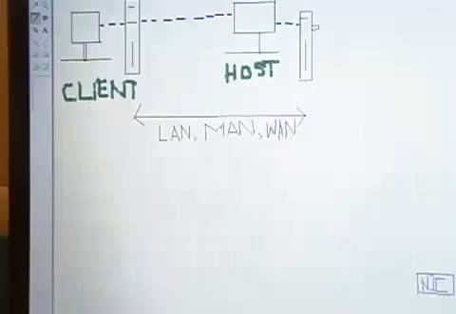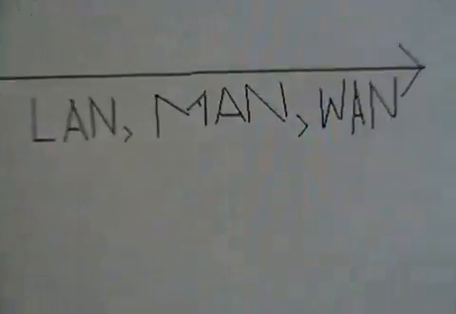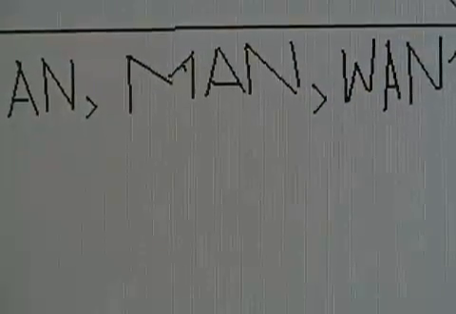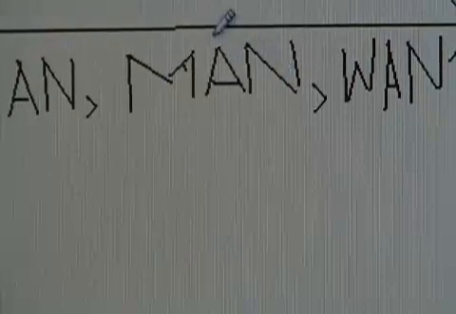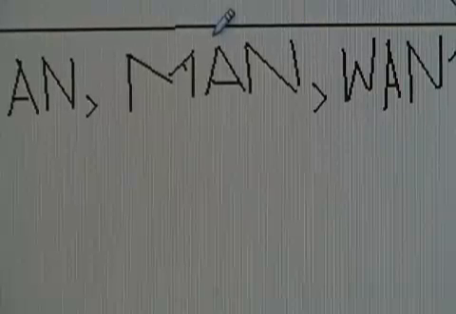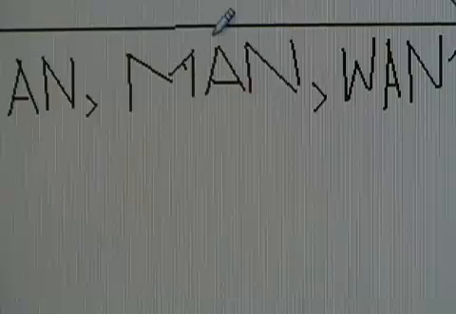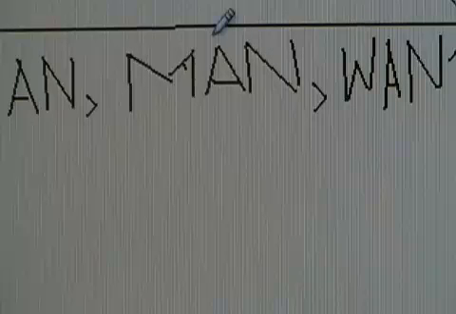So then going up one level, the next we have a MAN. And MAN stands for Metropolitan Area Network. And what this means is interconnected computers that are 48 kilometers apart from each other or closer. So 48 kilometers or closer, as long as they're more than like a block away from each other, because then that would be a LAN.